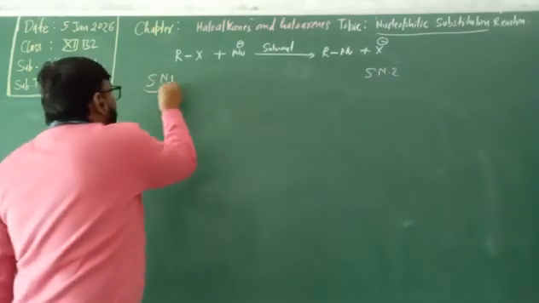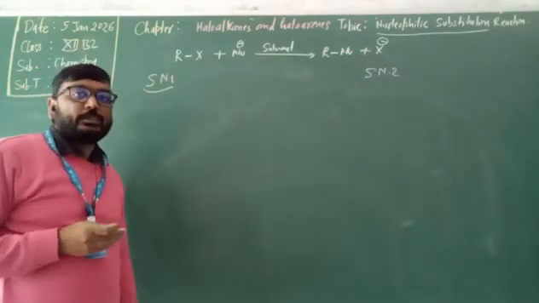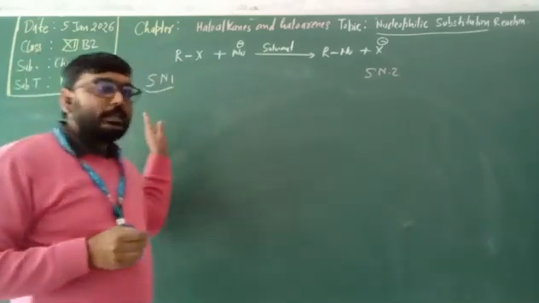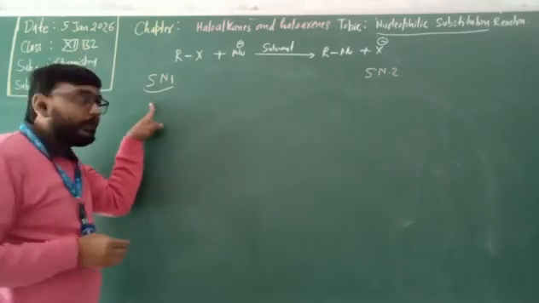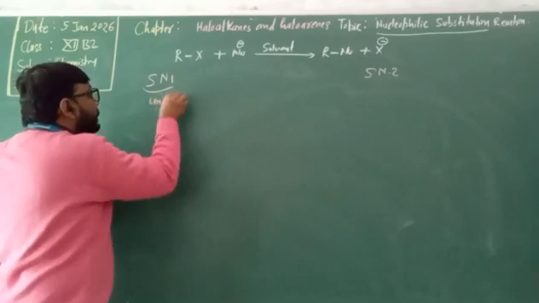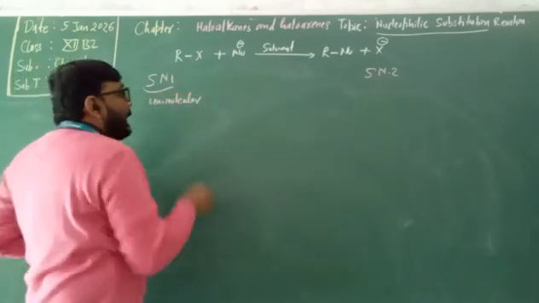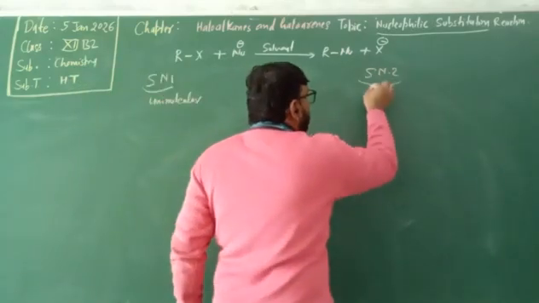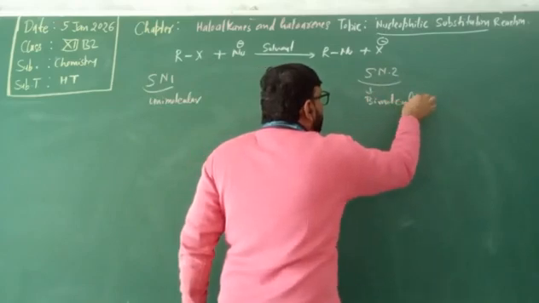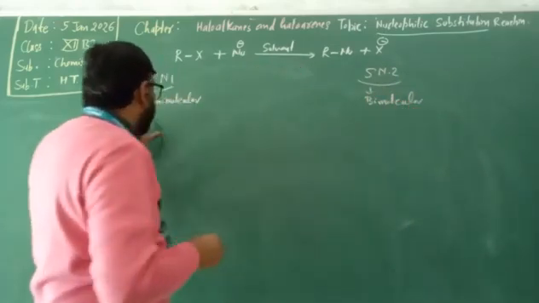SN2 is the nucleophilic substitution bimolecular and SN1 is the nucleophilic substitution unimolecular. Why do we call it unimolecular?